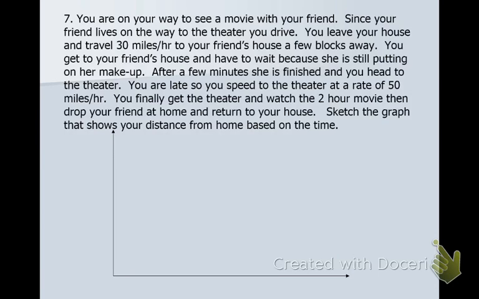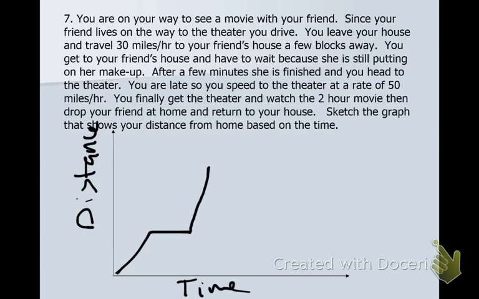And so, again, we're going to label time, then distance. Okay, we're going to start out at home, go to our friend's house, wait for 20 minutes, realize, oh my gosh, you made me late. Drive a bit faster, watch the movie, take your friend home.